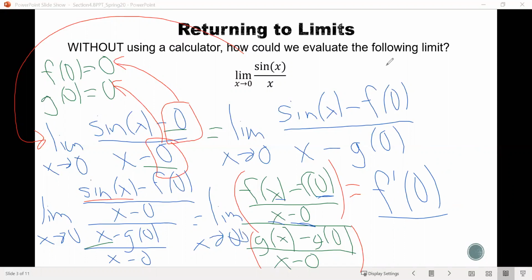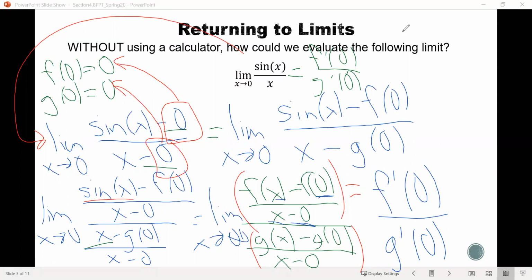And we could go through a similar argument and show that the bottom here is the derivative of g evaluated at 0. Okay, so what we've done, I know there's a lot of stuff here on the screen, but I'm going to write up here equal to my limit: we've shown that it is the same as f prime of 0 over g prime of 0.